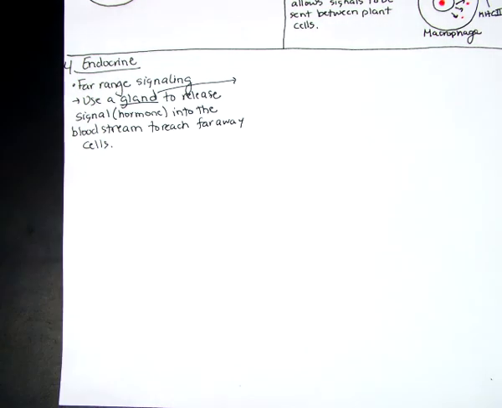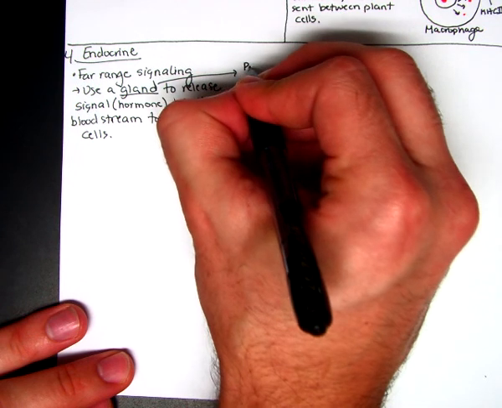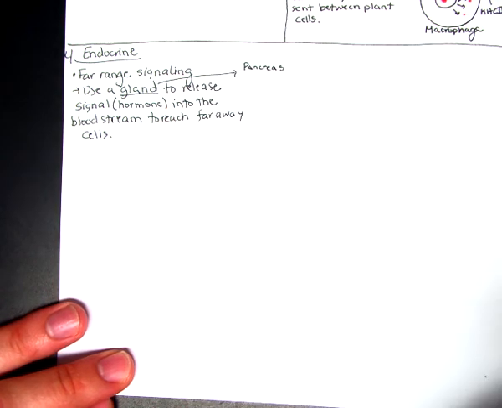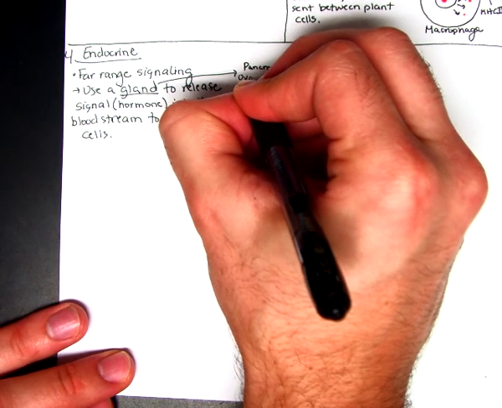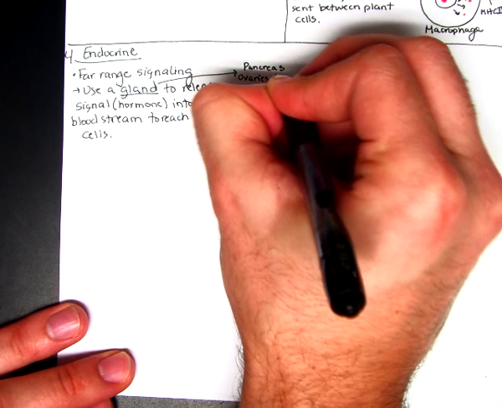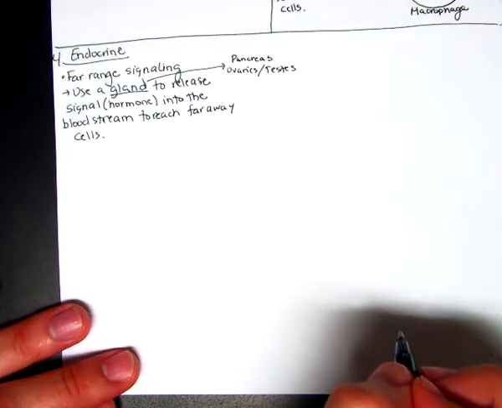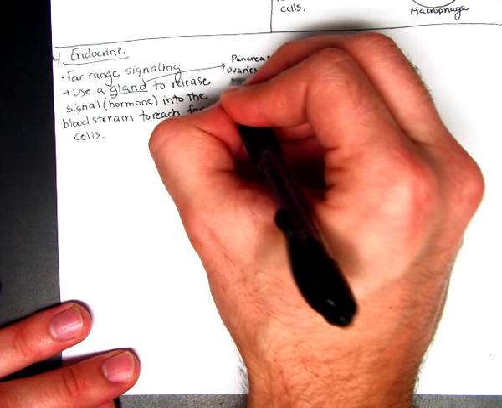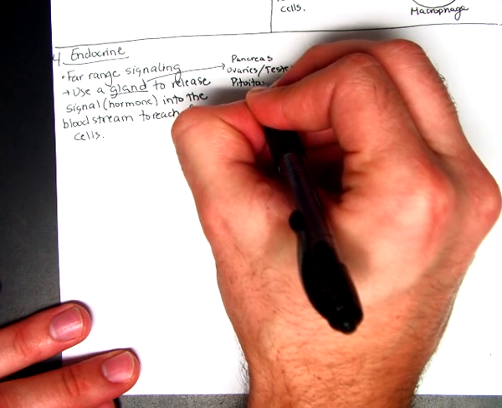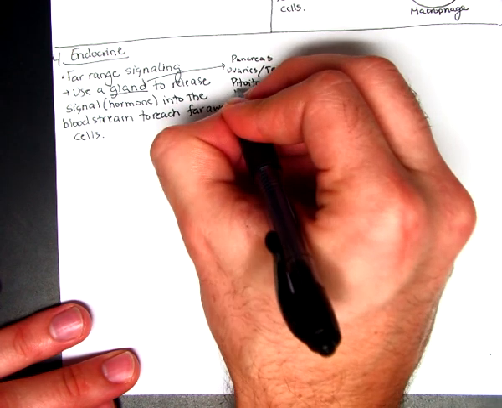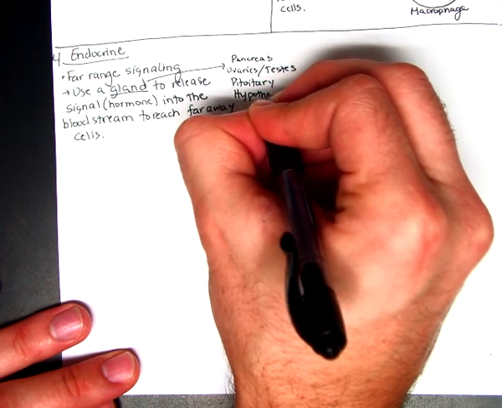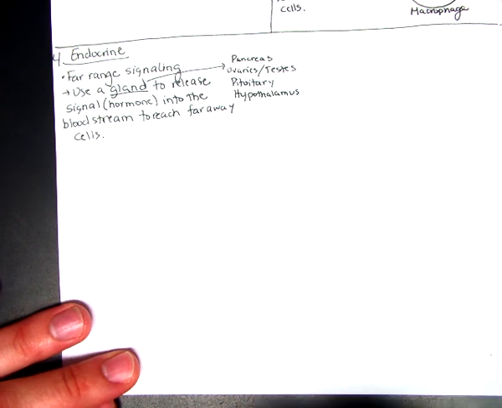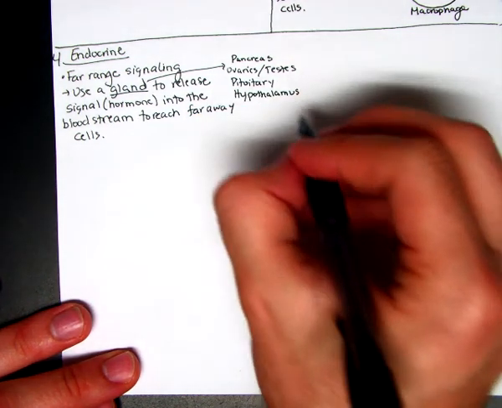common glands that you will see include the pancreas, the ovaries or the testes, the pituitary, the hypothalamus, and the thyroid.